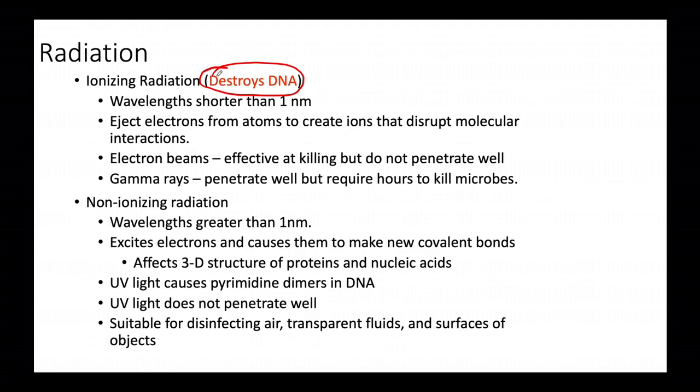So the key thing here is radiation is going to disrupt a specific target, which is DNA. There are different types of radiation and they have different effects on the DNA, but what we're mostly interested in is that radiation targets DNA.